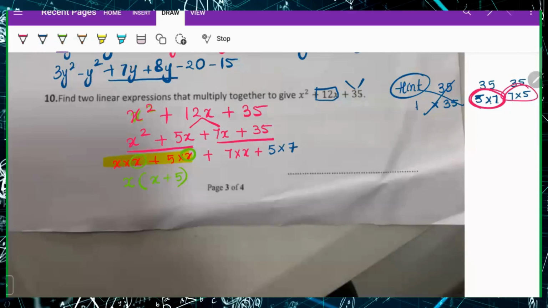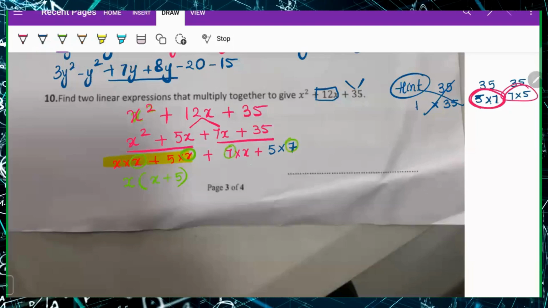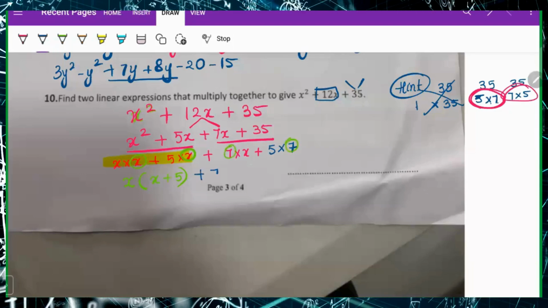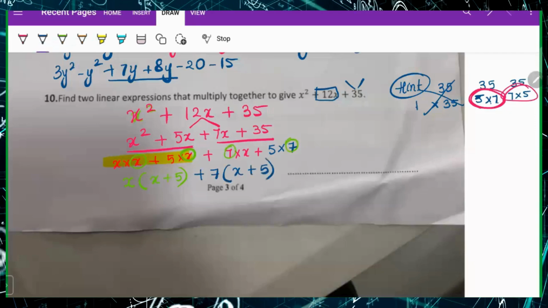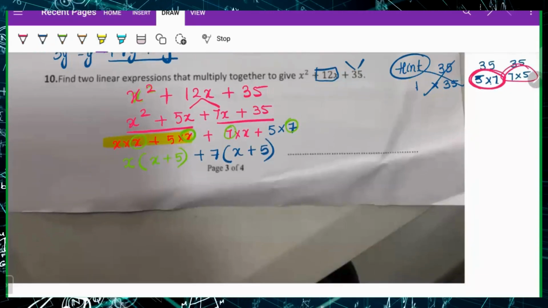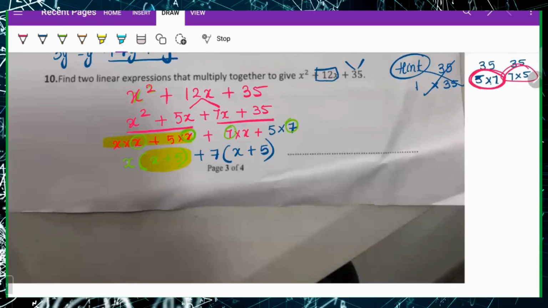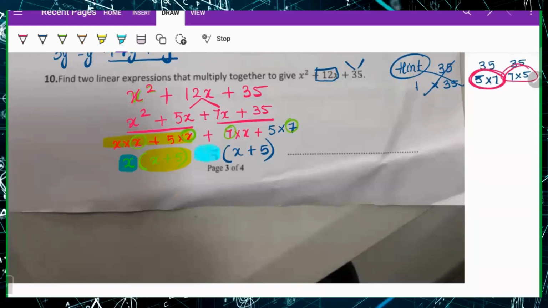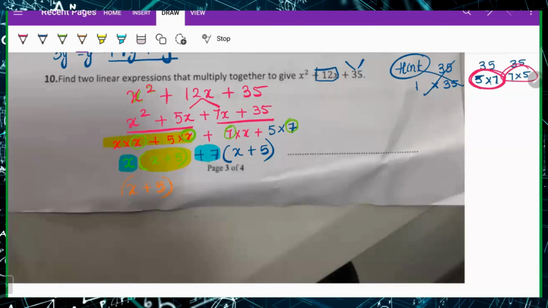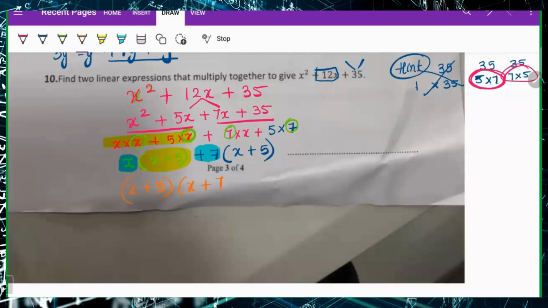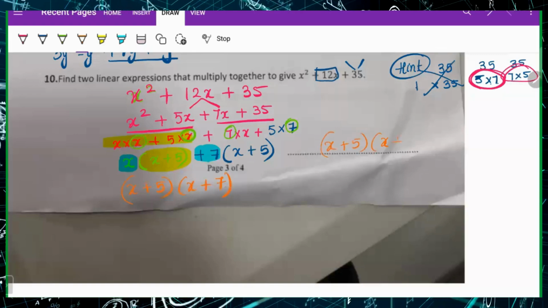Can I say that here you have 7 and 7 that is common? So I will get a positive 7 outside. And what remains in the bracket? You have x plus 5. So your two terms are going to be, one is x plus 5 and the other one would be x plus 7. Your answer would be x plus 5 and x plus 7.